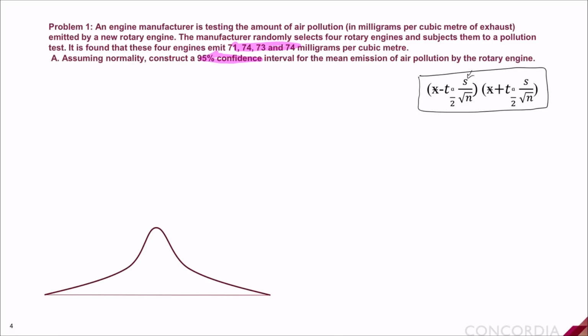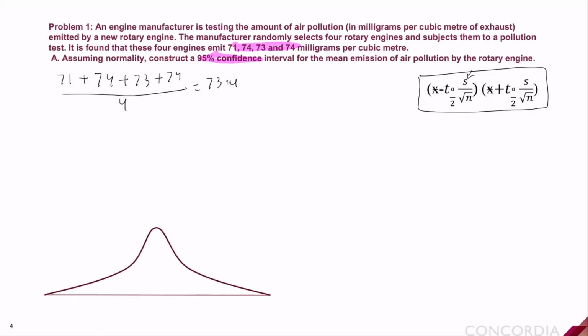We do have all the values of the sample. So the first thing we have to do is find the mean of our sample. So we're going to add up all our values, 71 plus 74 plus 73 plus 74 divided by 4 gives us a mean of 73.